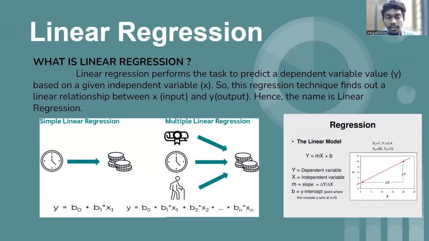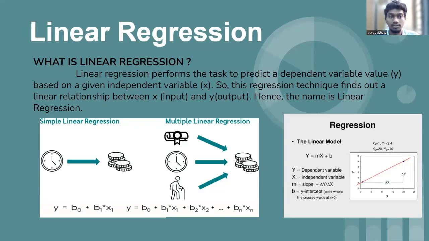In simple linear regression, a person's salary can depend on a factor of one, or it can be multiple factors which influence the person's income. So that is the difference between multiple linear regression and simple linear regression. Here, the working hour of a person is the only factor that influences the income of a person.